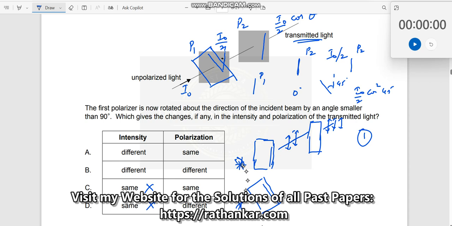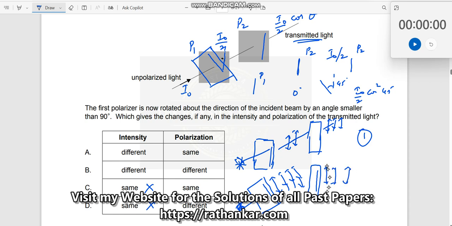Once again, unpolarized light enters it, and it gets plane polarized in this direction. When the second polarizer is like this, not all the vibrations will pass. Only vibrations which are parallel to this axis will be seen here.